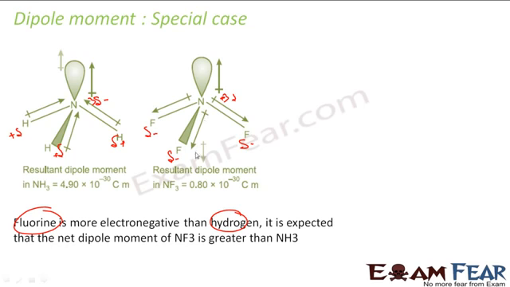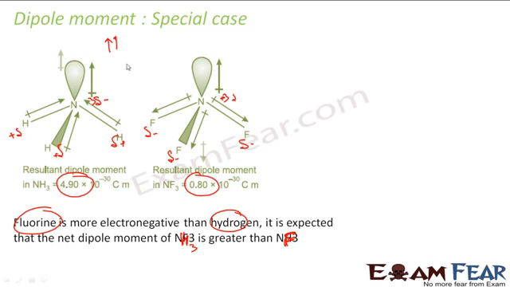This bond dipole is pretty strong, but in spite of this, the net dipole moment of NH3 is greater than NF3. See, NH3 has a greater dipole moment than NF3. Right? This guy is more.